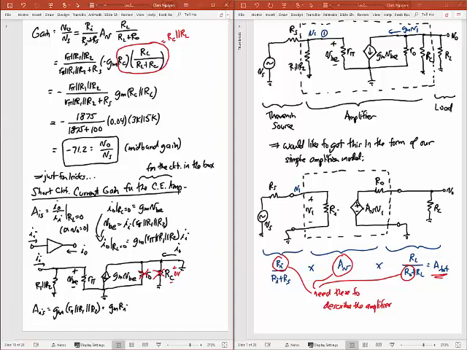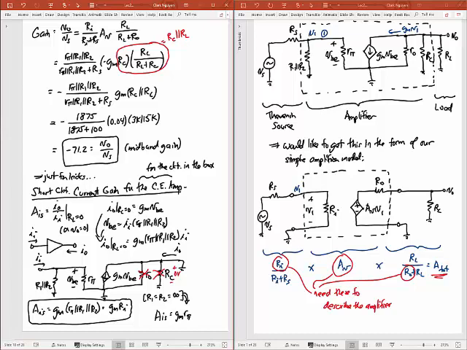Okay? And so that's my answer to this, but getting to this answer is interesting, but even more interesting is, what if I took R1 and R2 equal to infinity? Okay, what if I did that? If I did that, then my current gain, if you look at the equation, is just going to be equal to GM times R pi.